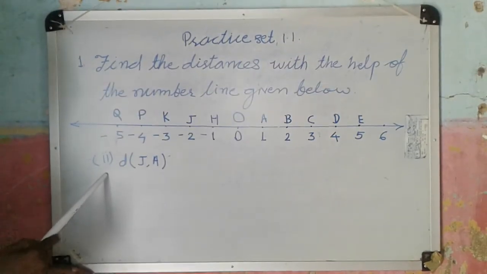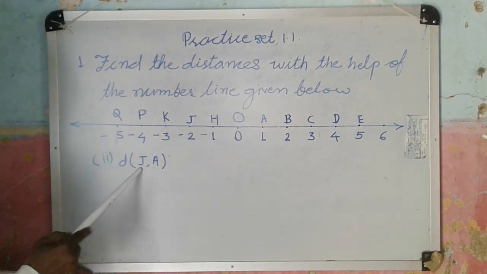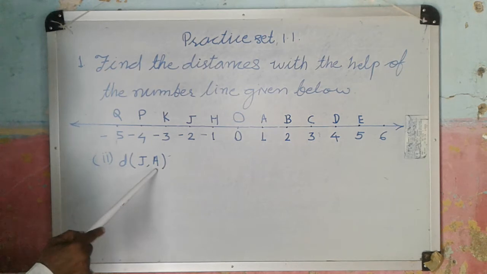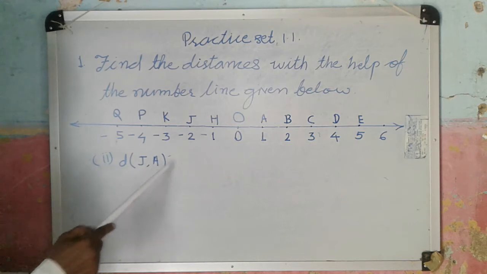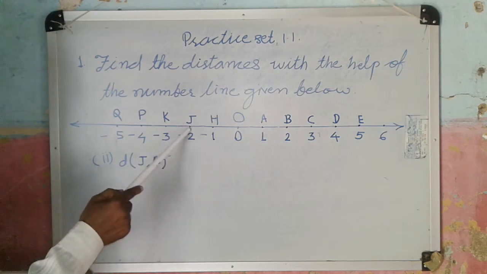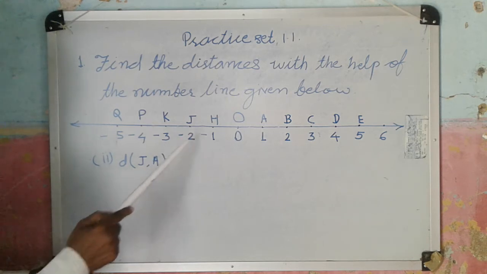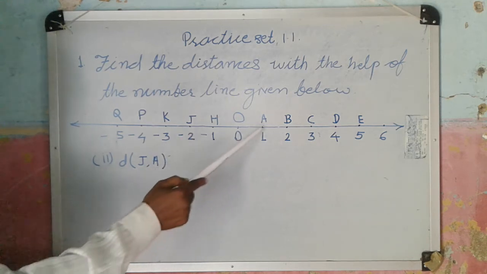Now example 2. Distance of JA. Now we have to find the distance of JA. First, find out the coordinates of points J and A. Now here is point J. The coordinate of point J is minus 2 and coordinate of point A is 1.